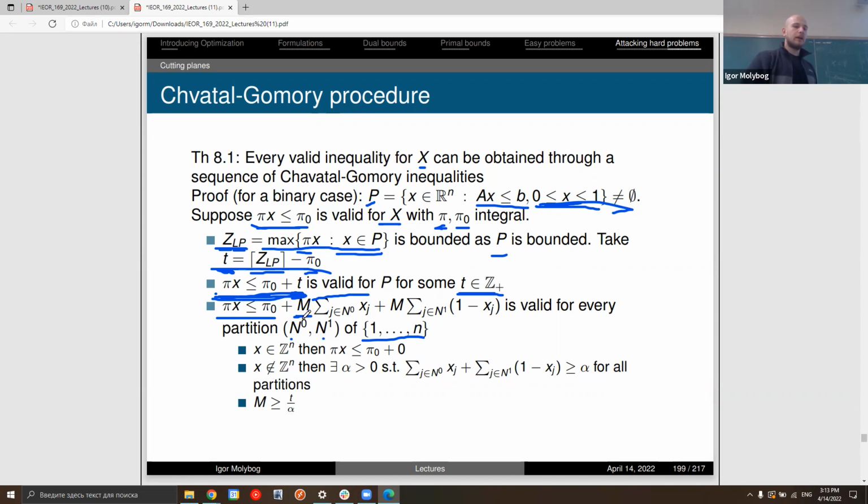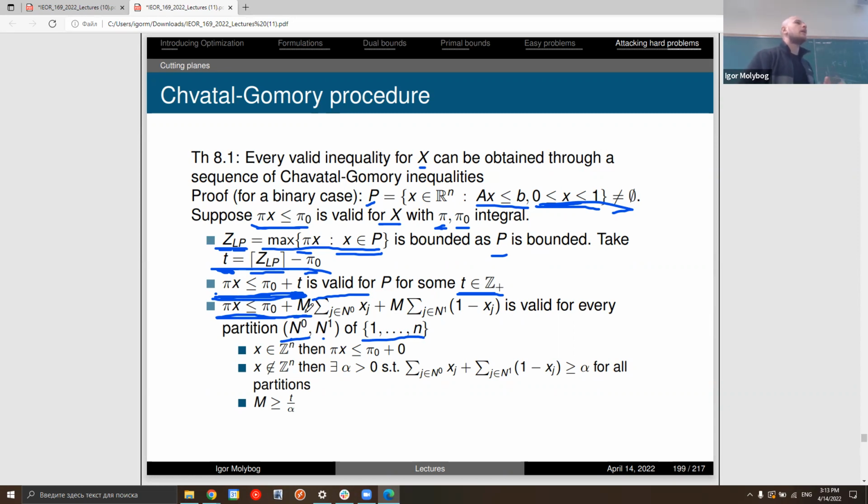There is a value of M that does not depend on the partition. So you can just fix M, and then whatever you do with the partition, this inequality right here will be a valid inequality. We want to prove this.